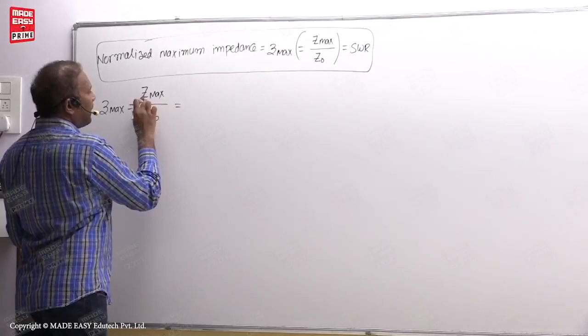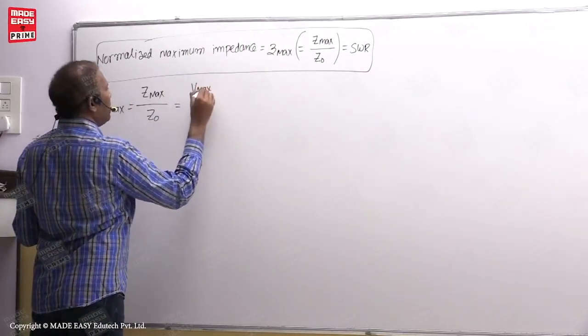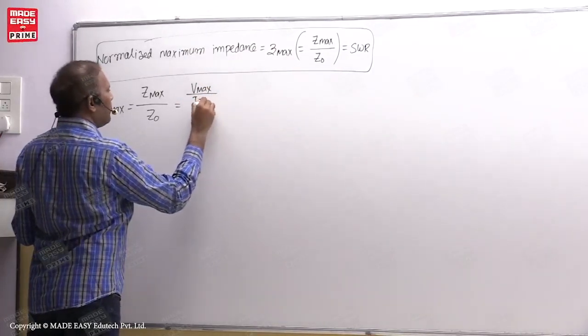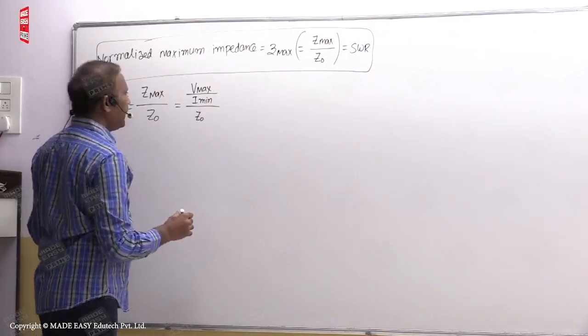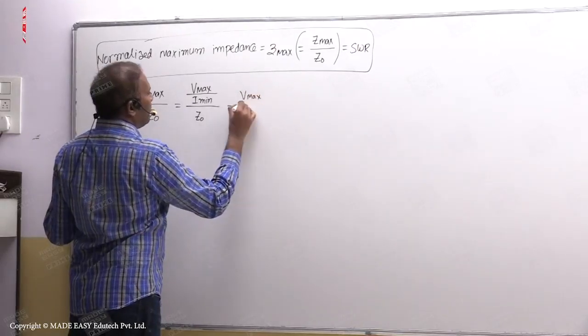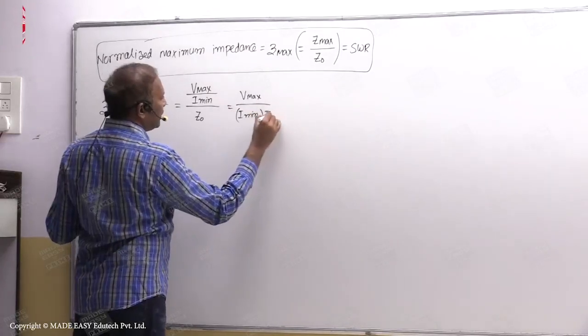Now, what is capital Z maximum in terms of voltage and current? That is V maximum divided by I minimum, divided by Z naught. Now this is equal to V maximum divided by I minimum into Z naught.